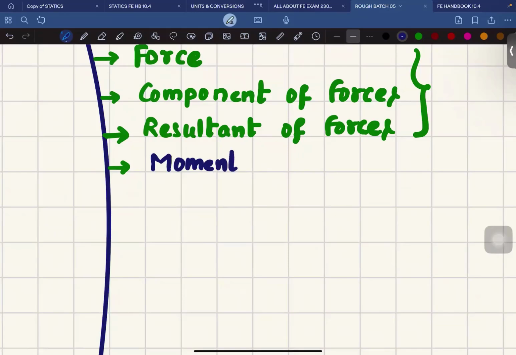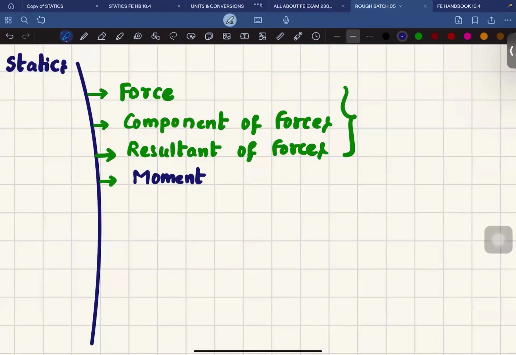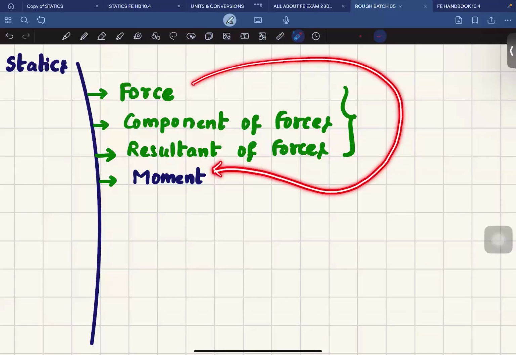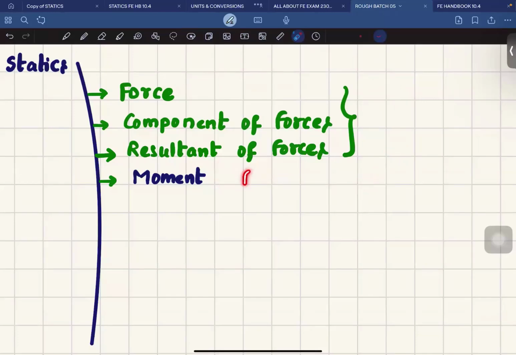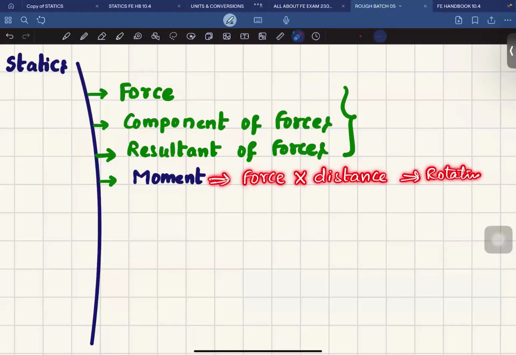What is moment? Any guess? Distance. Yeah, almost right. Moment is again developed from the force itself. So if you apply some force on a body at some distance from the center and make it rotate, then we call the term moment.